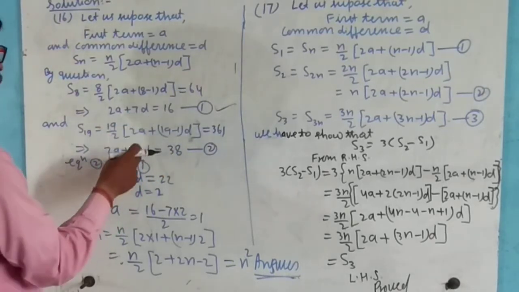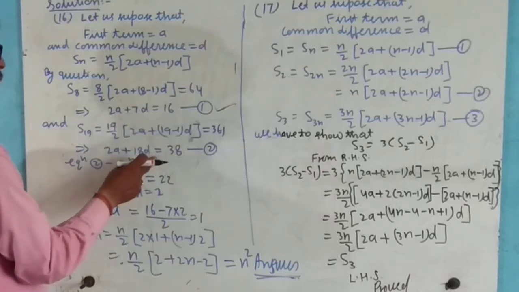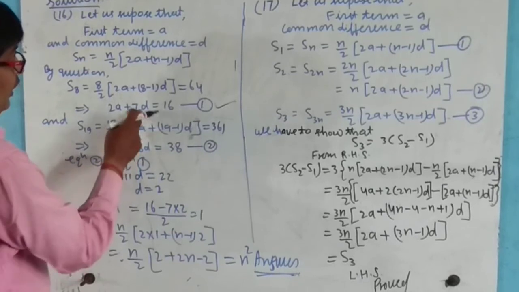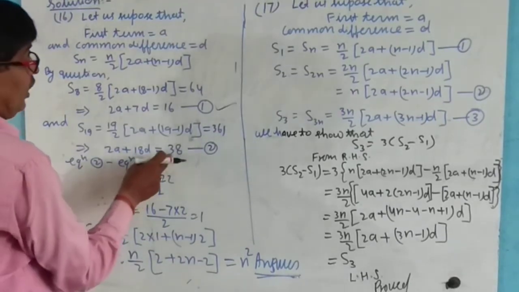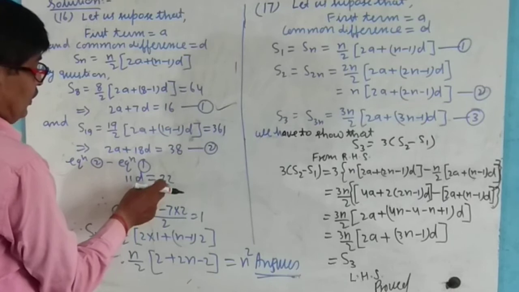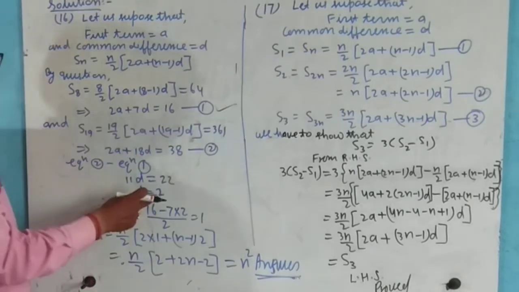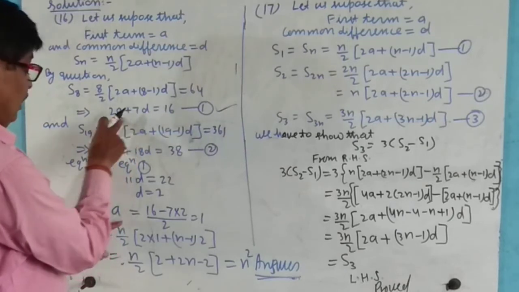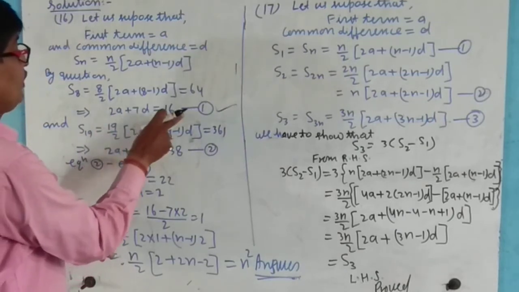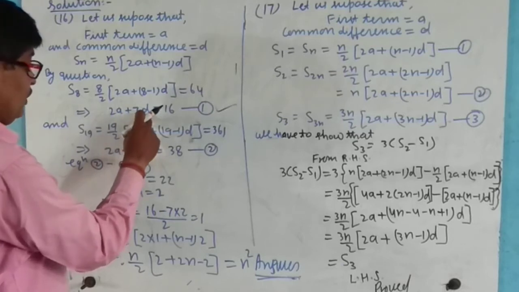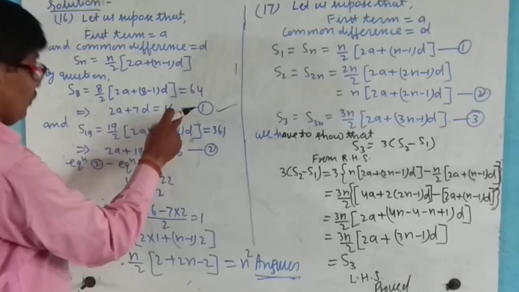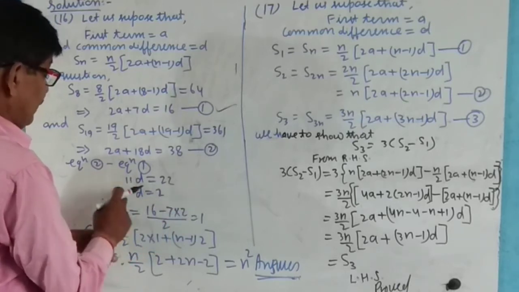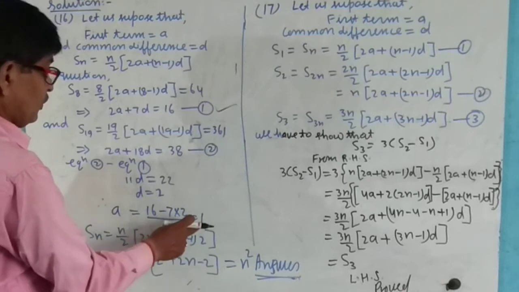Now subtracting 1 from 2, 2a cancels, and 18d minus 7d is 11d, and 38 minus 16 is equal to 22, so d is equal to 2. Now from 1, 2a equals 16 minus 7 into d, with d equal to 2, that is 14, so 2a equals 2, and a is equal to 1.